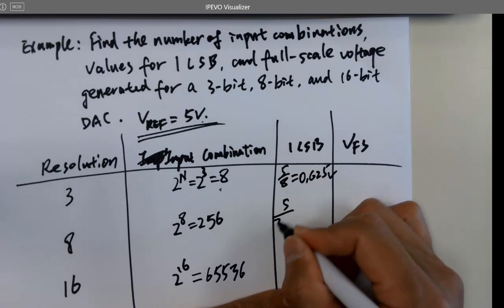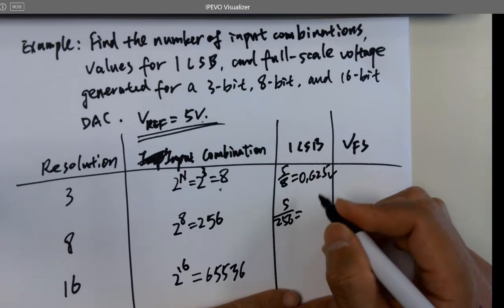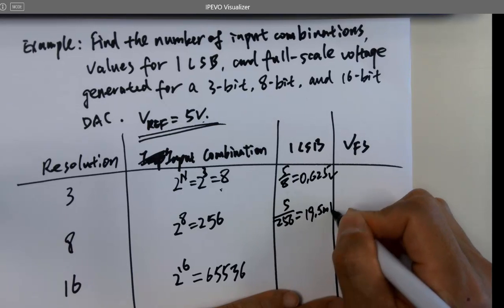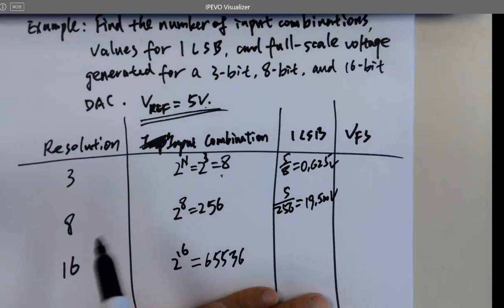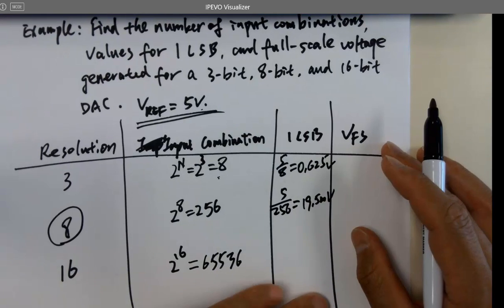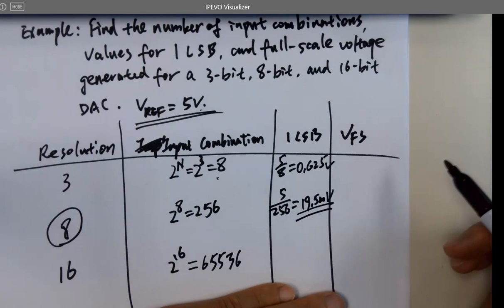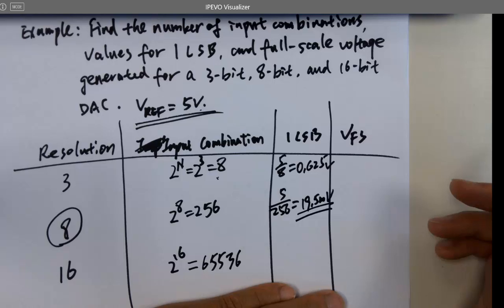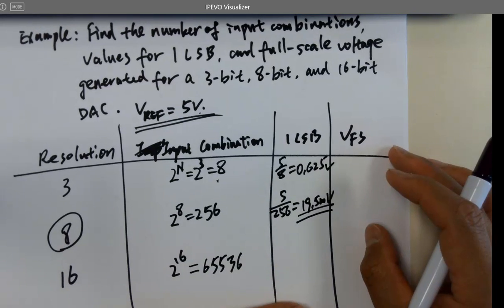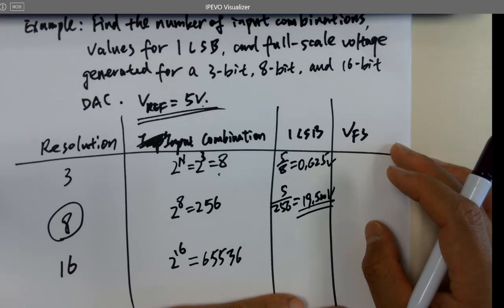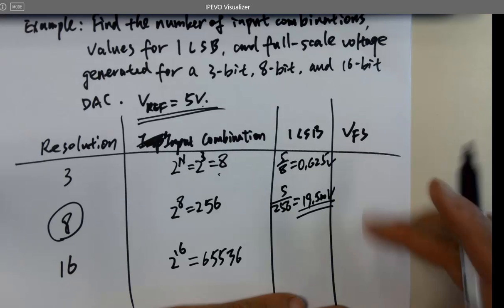And 5 over 256 is going to be 19.5 millivolts. So you can see if you use the 8-bit DAC, that's the smallest voltage you can output from the DAC. Depending on the application, you might be able to make a judgment on how many bits you need.